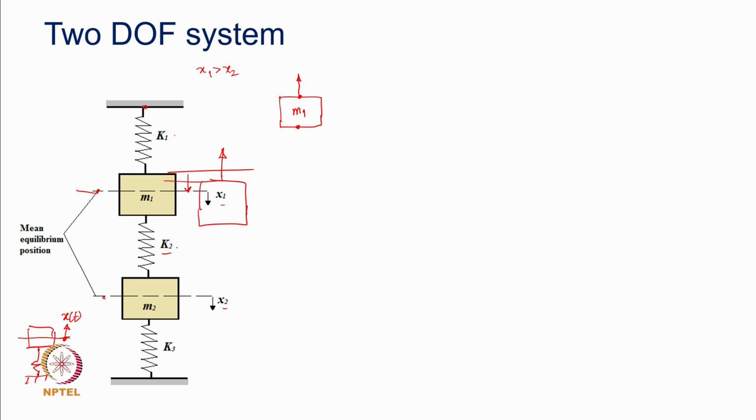Now, one end being fixed here, the total stretch will be that of the motion at the other end, that is x1. So, the restoring force here will be k1 times x1.